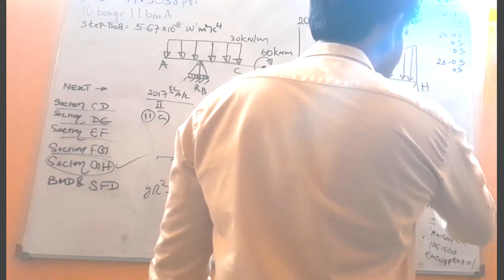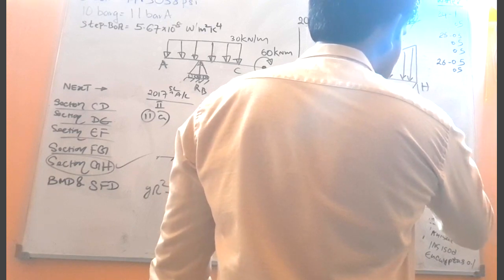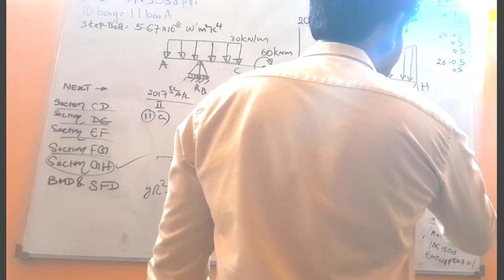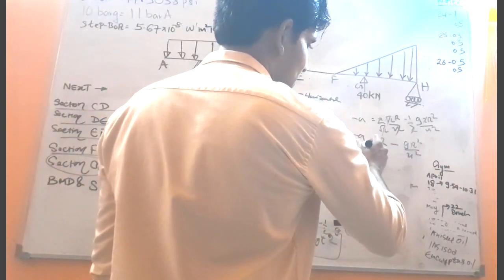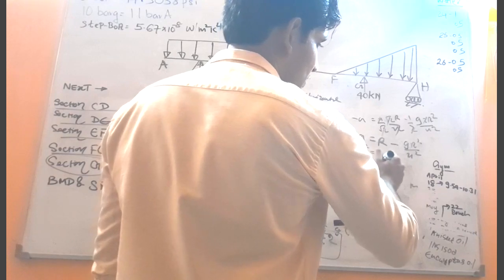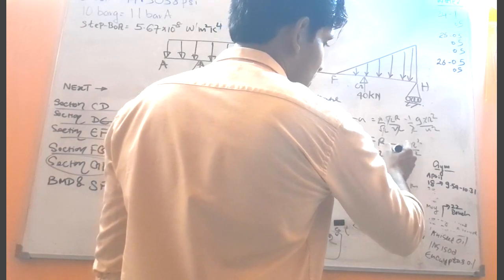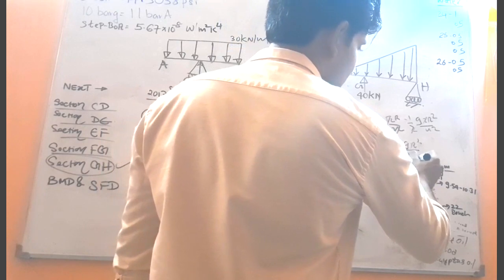So you'll be getting minus g r squared divided by u squared. So just multiply both sides by u squared: minus a u squared equals r u squared minus g r squared, right?